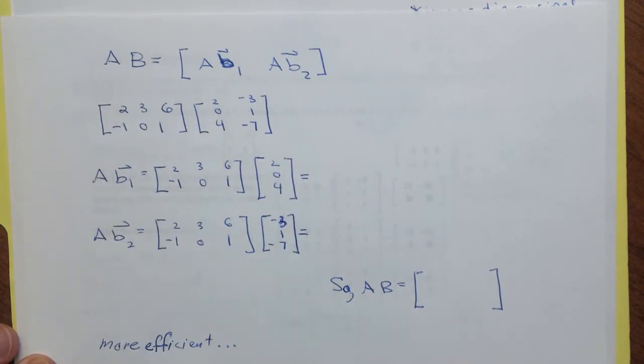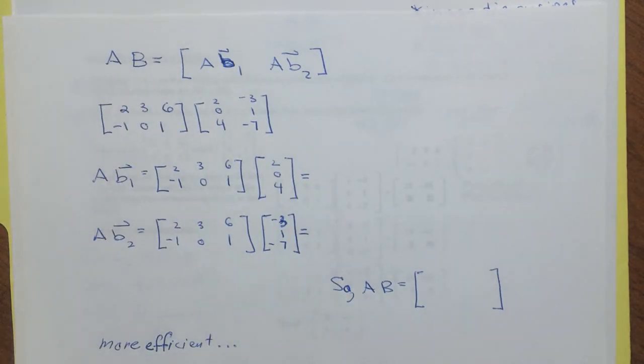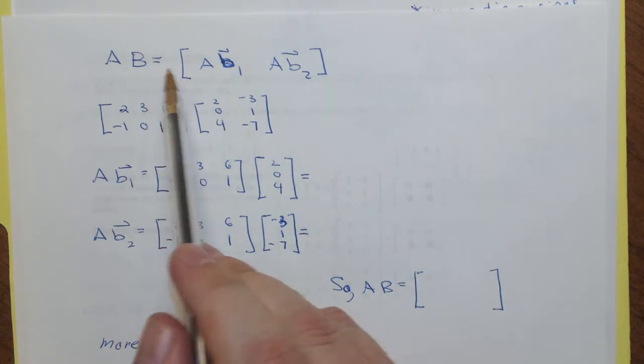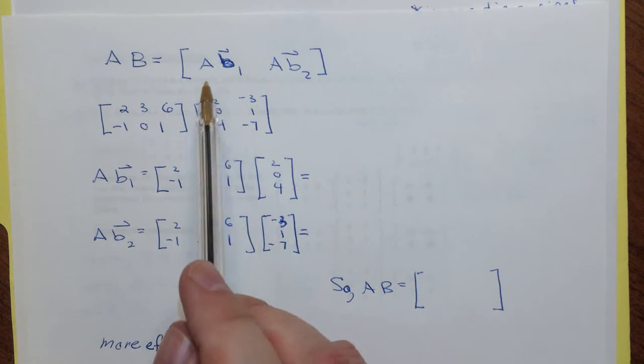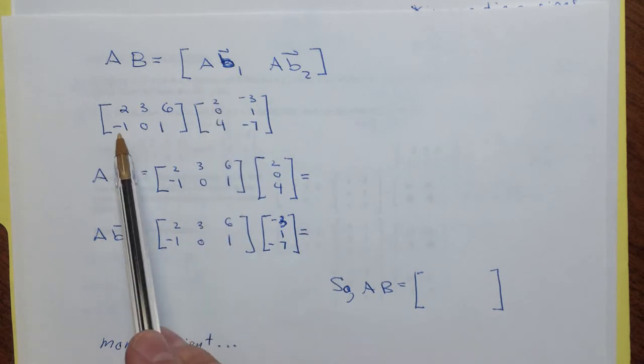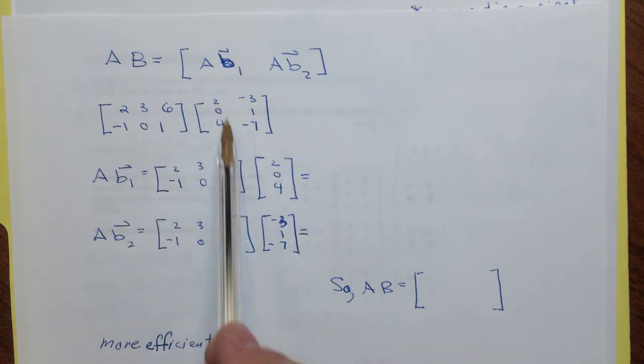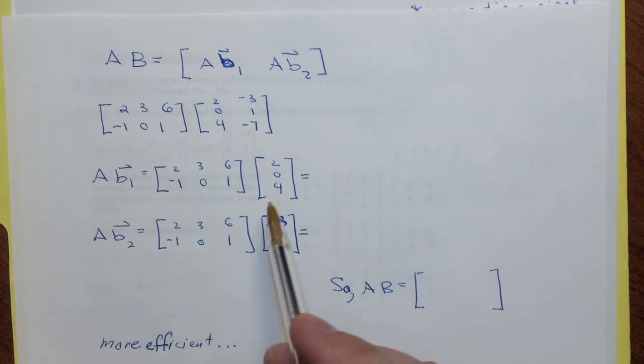AB, the same A and B that are in the example in the notes, are this matrix. This is the matrix B. So what is AB1? Well, AB1 is the matrix A times the first column vector of B. We know what's happening here.